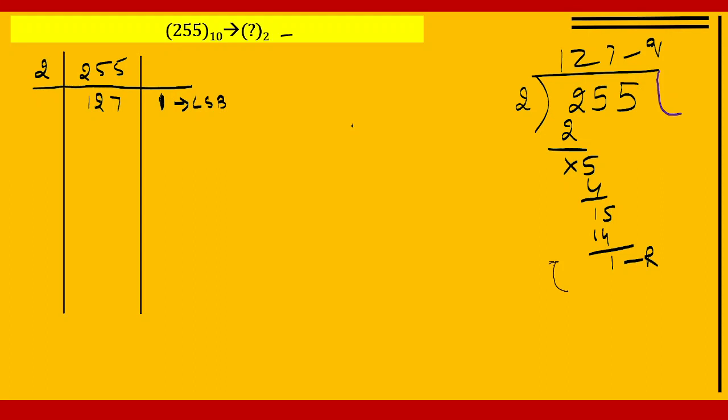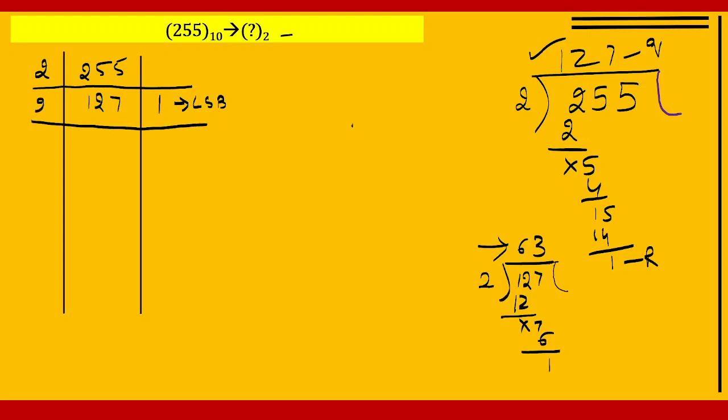And also, because you are converting it into binary, all the remainders will be either 0 or 1. Again we will perform the division with 2, but this time what will be my dividend? This quotient will become your new dividend, and you will perform the division process again. So how long should I continue? Till this quotient part becomes 0.